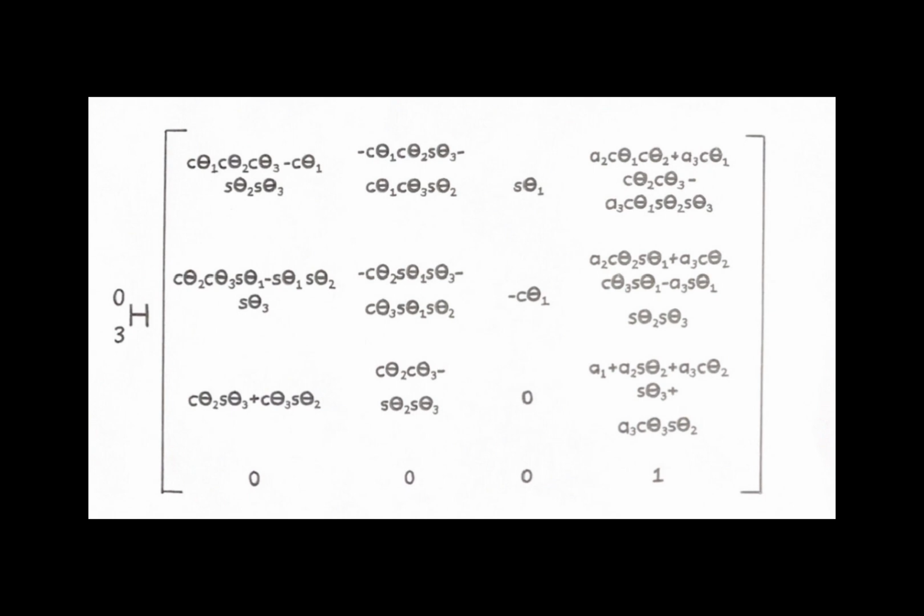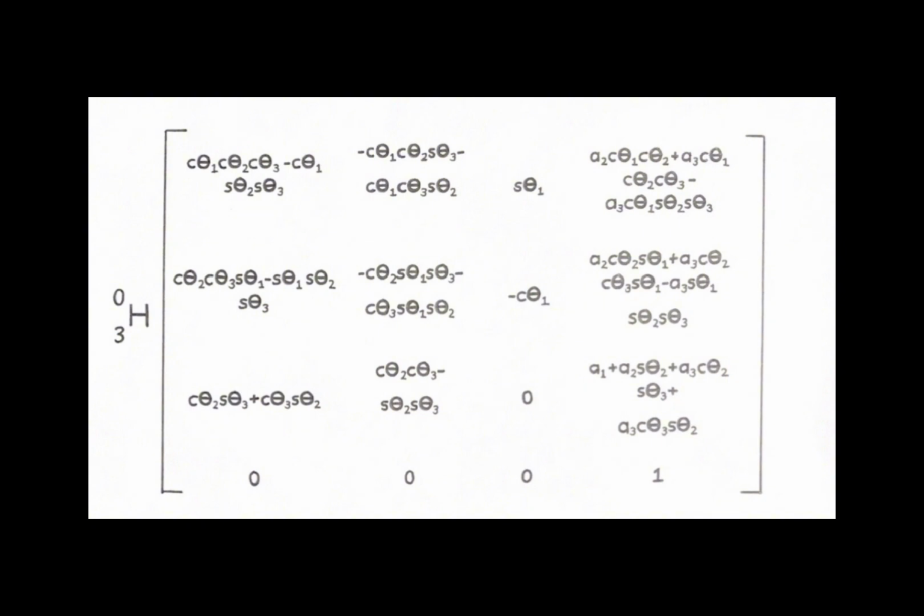Second column is cosine theta 2, cosine theta 3, sine theta 1, negative sine theta 1, sine theta 2, sine theta 3. Next is negative cosine 2, sine theta 1, sine theta 3, negative cosine theta 3, sine theta 1, sine theta 2. The third is negative cosine 1. Next, A2 cosine theta 2 sin theta 1 plus A3 cosine theta 2 cosine theta 3 sin theta 1, negative A3 sin theta 1 sin theta 2 sin theta 3.